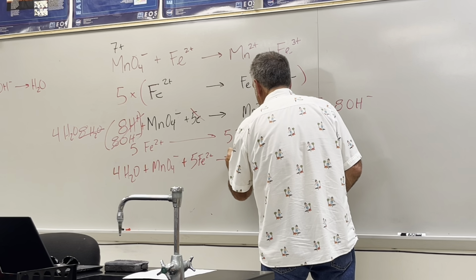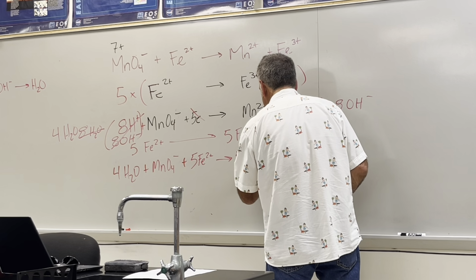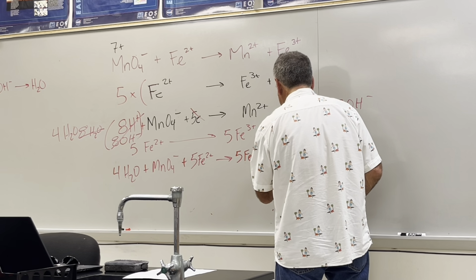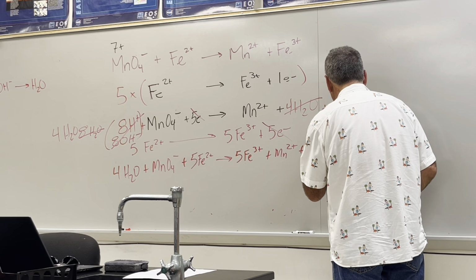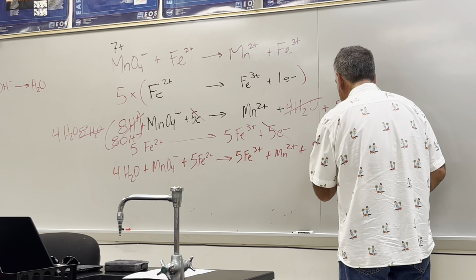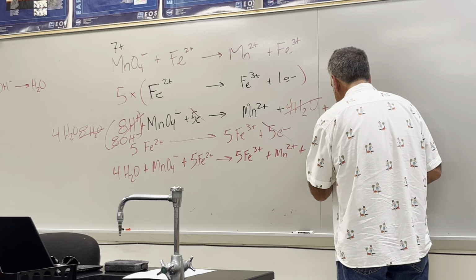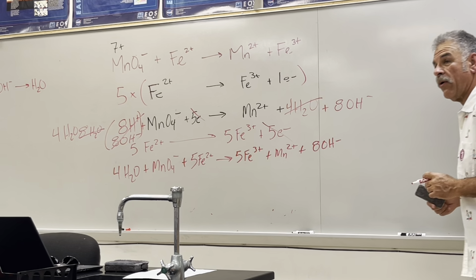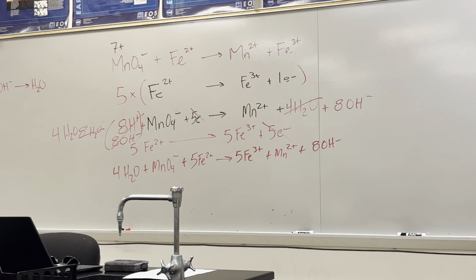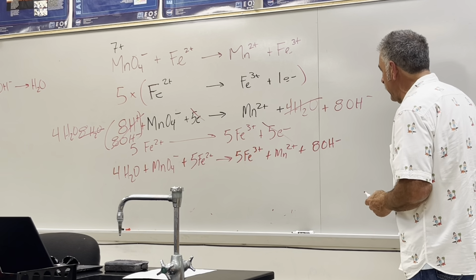So 5 Fe3+, Mn2+, 8 OH-. And there we go. That's all there is to it. 8 steps. Or so. Seemed like only 8 to me.